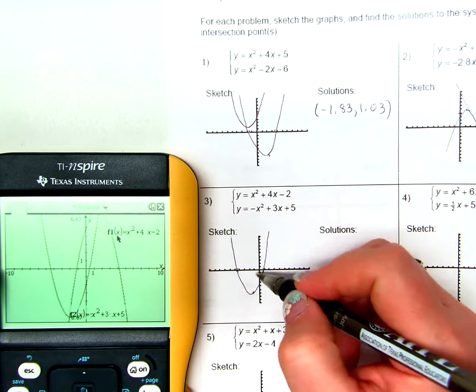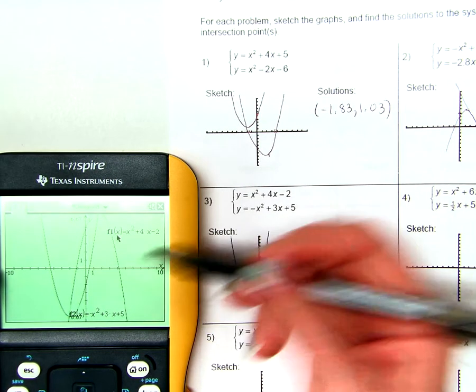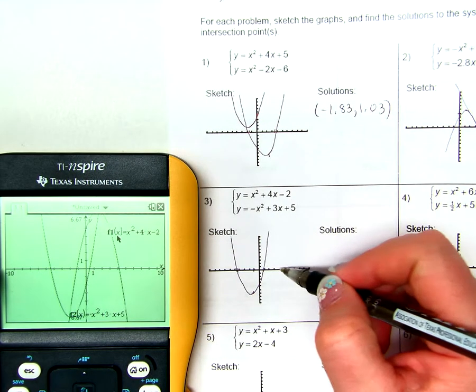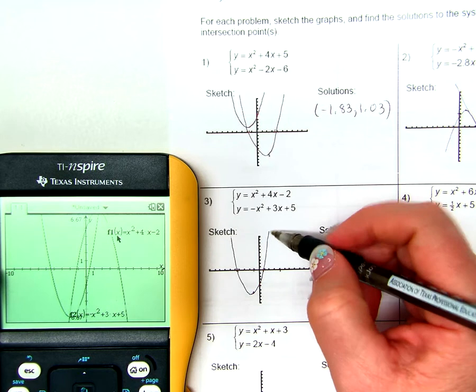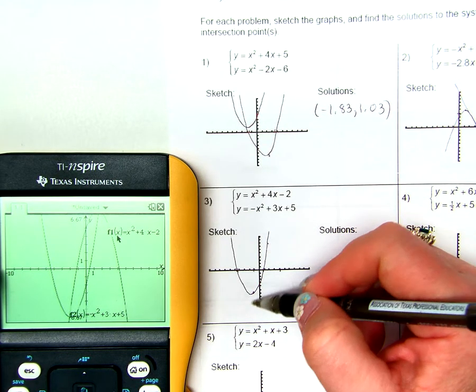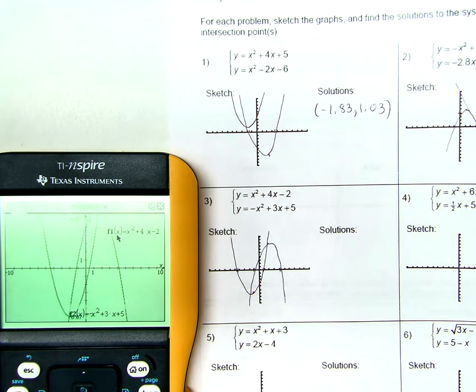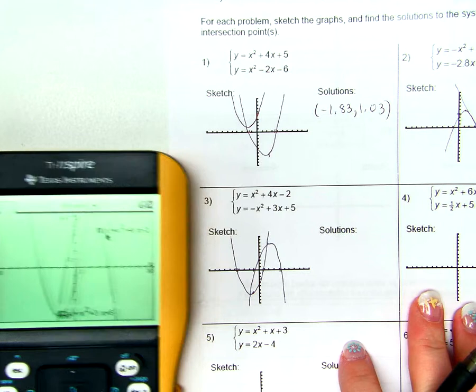Then the other one is upside down. There. 1, 2, 3, 4-ish. And it crosses a little past 7, so it's somewhere up here. We get that on our graph. Okay, again, I know it's ugly, just get it close so you have an idea of what it looks like.